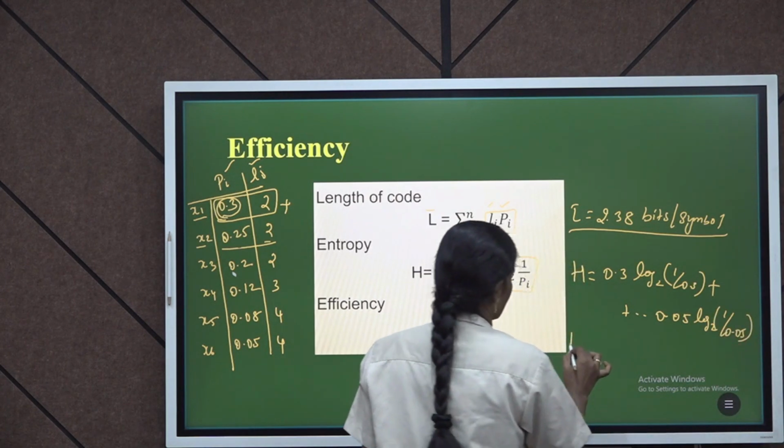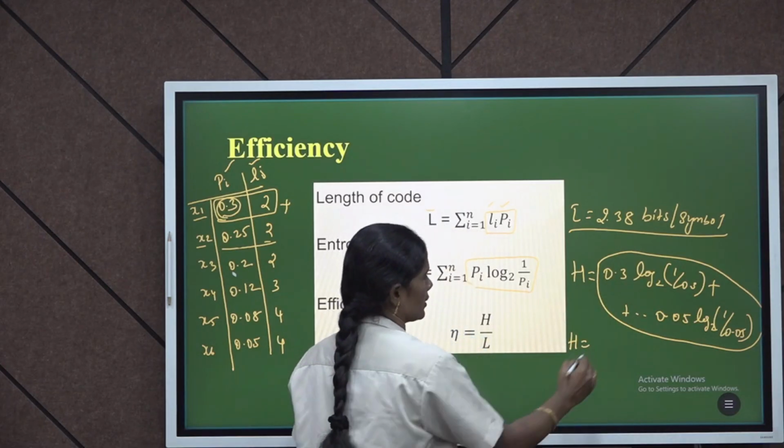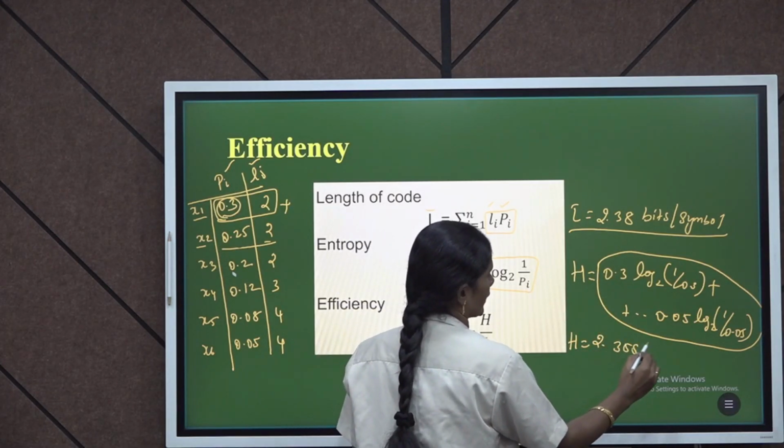This gives the result as 2.358 bits per symbol.